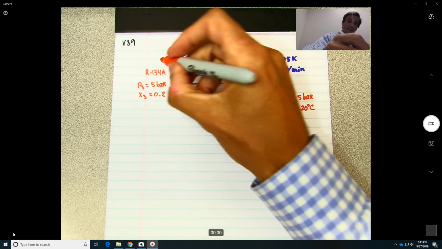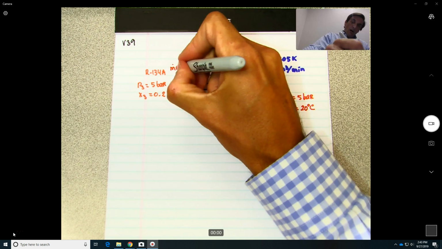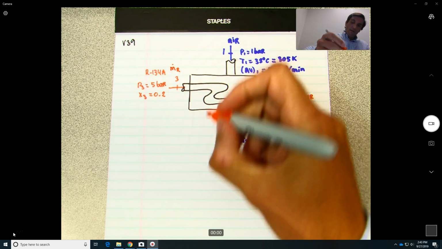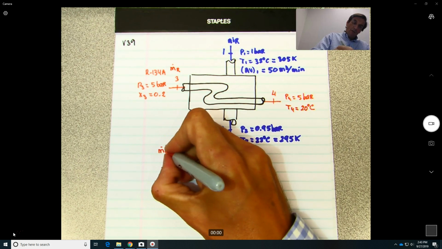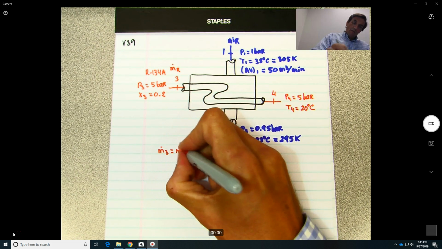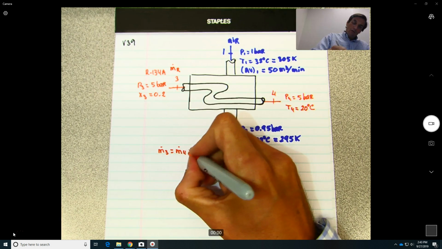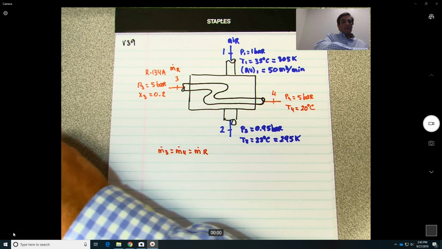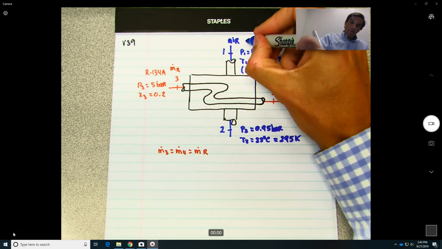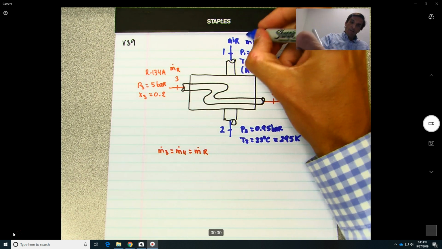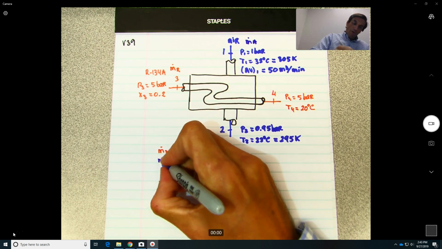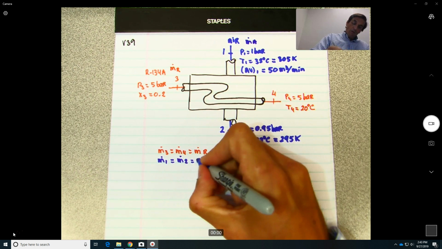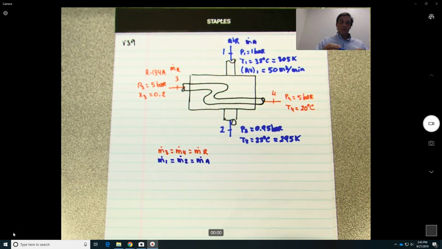And okay, so let's say this would be M sub R, the refrigerant. So basically we have M sub 3 equal to M sub 4, which is the mass flow of the refrigerant. And in the same way we have M air, so the mass flow of 1 equal to the mass flow of 2, which will be the mass flow of the air.